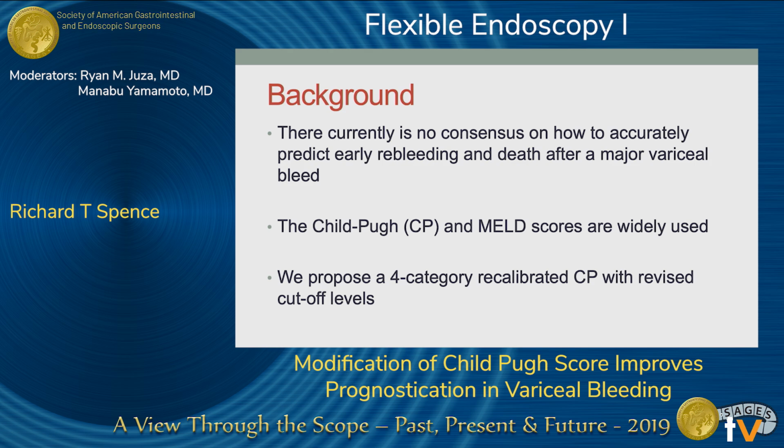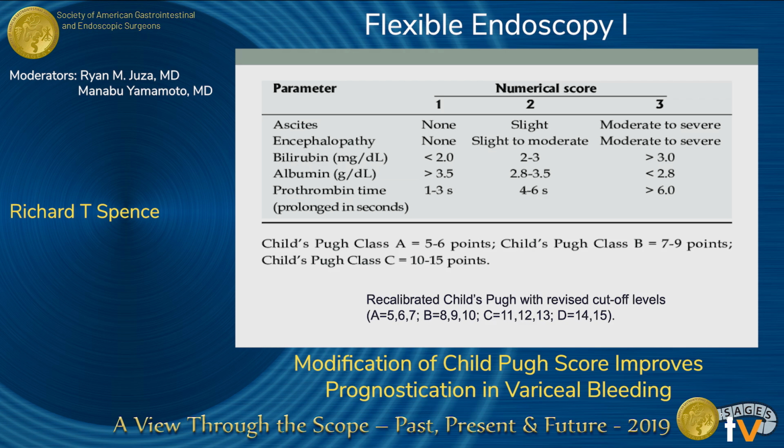So what we proposed was a 4-category recalibration of the Child-Pugh score, or at least to look at it again, because it has been up to 50 years, with new cutoff values. Just to remind you, the Child-Pugh score is based on these variables: ascites and encephalopathy, representing a degree of cirrhosis, and then the synthetic function, albumin, bilirubin, and prothrombin time.